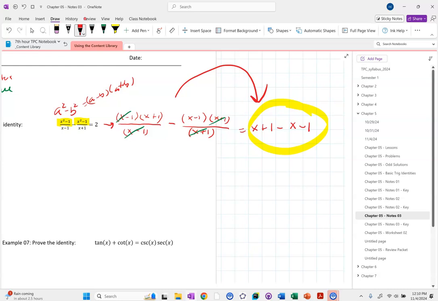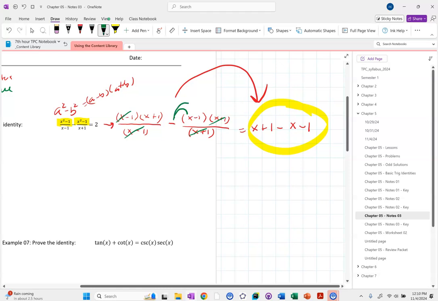Yeah. That needs to distribute. That's right on. So really that second parenthesis still needs to be there, and then we need to distribute the negative through.